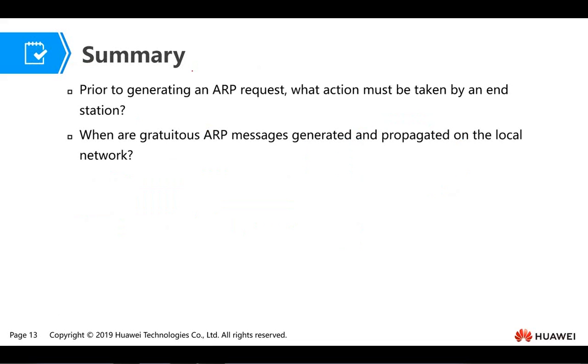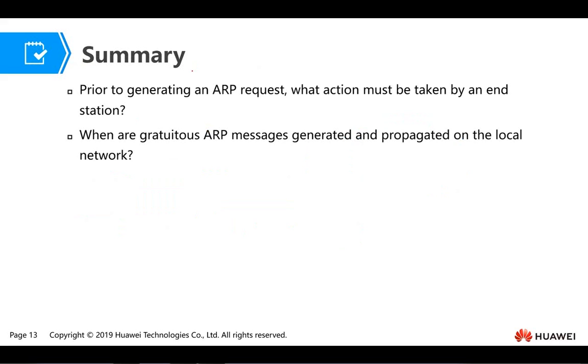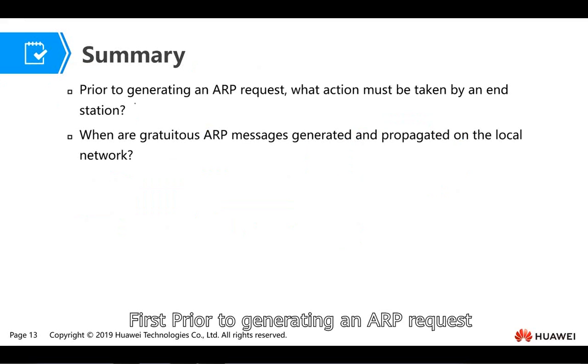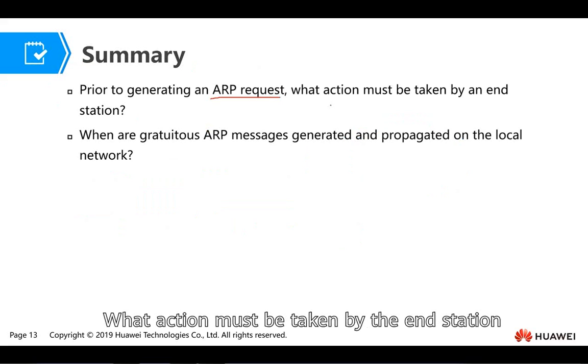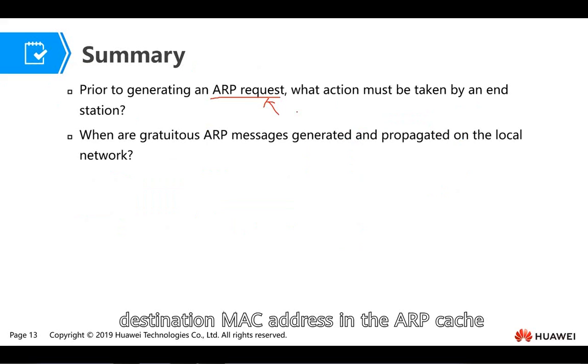Okay, we have discussed the scenarios where the ARP protocol is used, and then there are two questions. First, prior to generating an ARP request, what does the end station do? First it looks for the destination MAC address in the ARP cache.